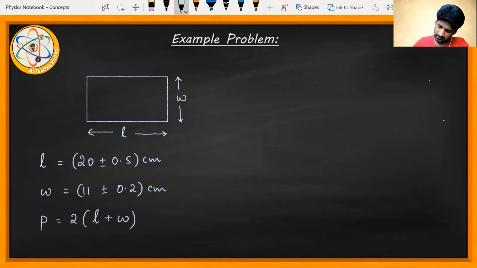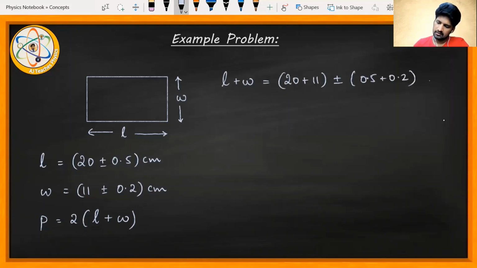The sum of its length and width, L plus W, can be written as 20 plus 11, the sum of their true values, plus or minus 0.5 plus 0.2, which is the sum of their uncertainties or absolute errors. So this can be written as 31 plus or minus 0.7 centimeters.